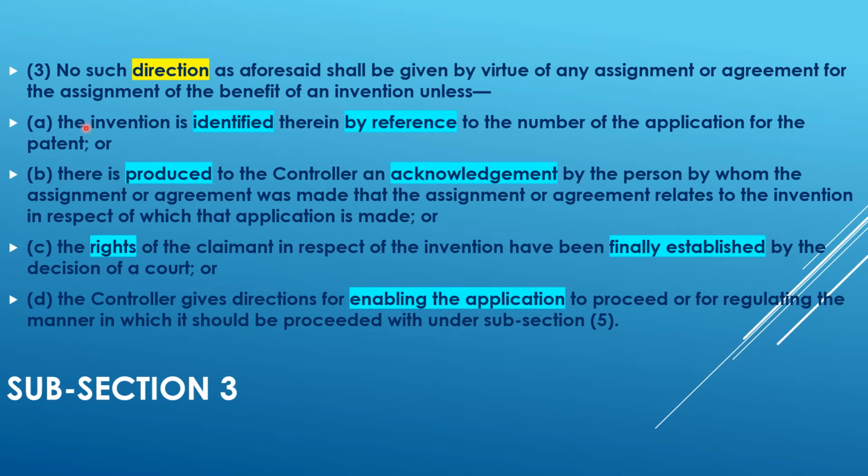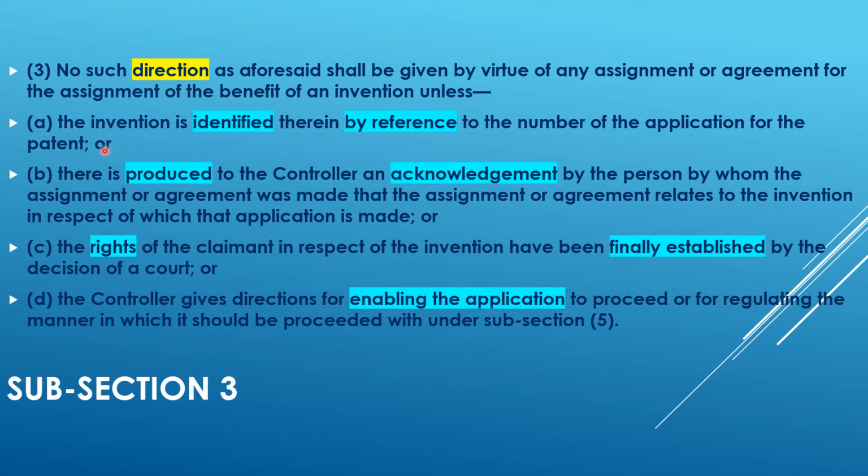Okay, either of the four clauses, that is A, B, C, D, should be satisfied for the assignment or agreement of the benefit of an invention by any assignment or agreement. Okay, because this statement starts with a "no", we can say that this statement is a negative statement.